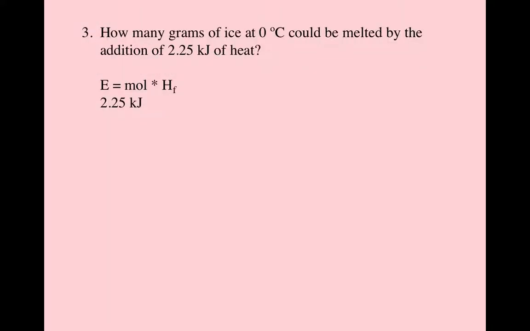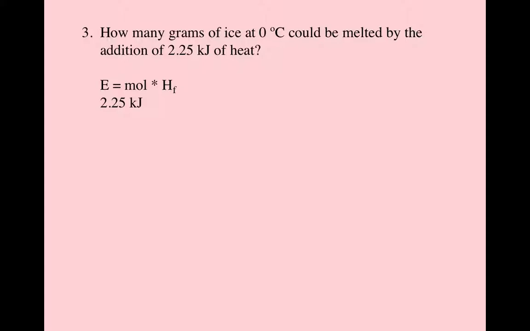The next example here asks us how many grams of ice at 0 degrees Celsius could be melted by the addition of 2.25 kilojoules of heat. So I gave you kind of a little bit here already, but the equation is going to be E equals moles times HF because we're talking about melting here. So when we see that melting, I know we're going to need the HF.